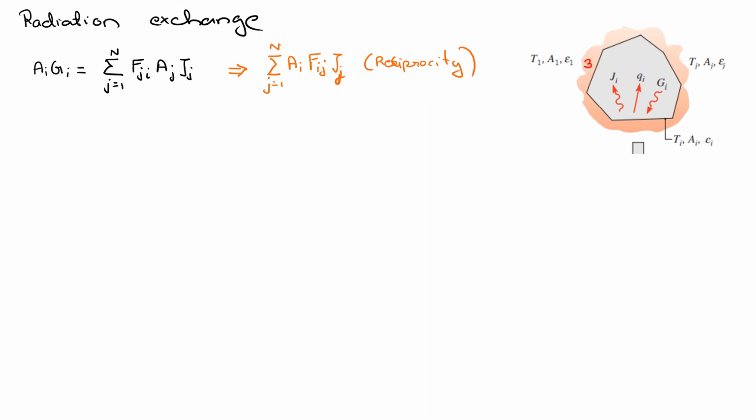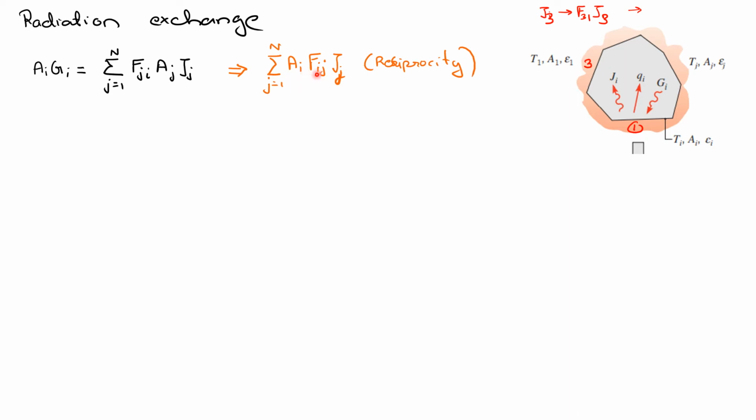Let's say this is surface 3. Jj will be what is radiated out, or the radiosity, of surface 3, but with a view factor F31, J3 will be what will be intercepted by surface 1 right here. And if you want the heat transfer rate, you'll have to multiply by an area, and that's why you have an area here.